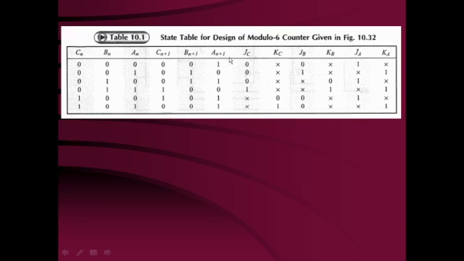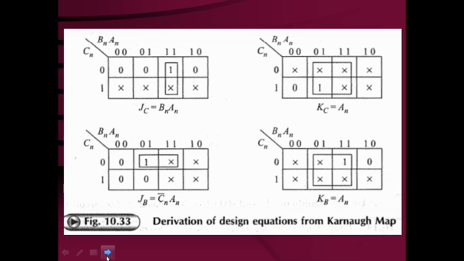That way we'll obtain the equation for JC as well as the equation for KC. Similarly, we will prepare a Carnot map for JB and KB, which is a function of the present state Cn, Bn and An, that we are going to see in this Carnot map.